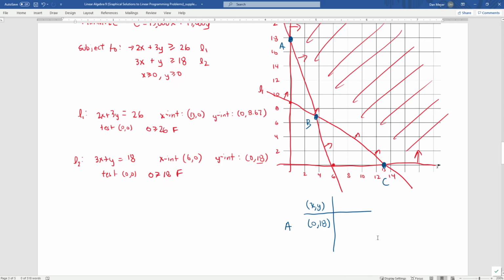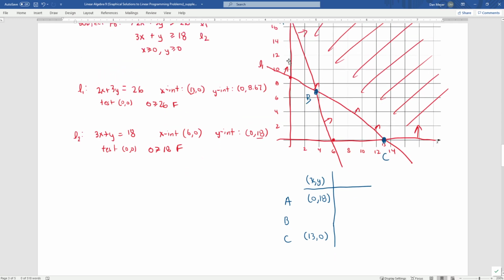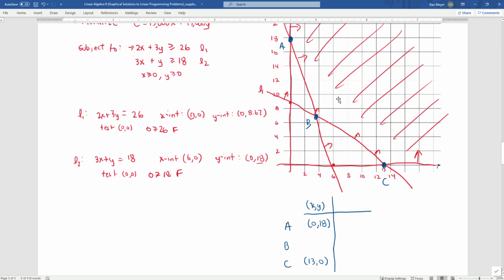B is the one that we're going to have to do a little bit of work for. C was the point (13, 0). That was the x-intercept for the first line. Okay, so B is where line 1 and line 2 cross.